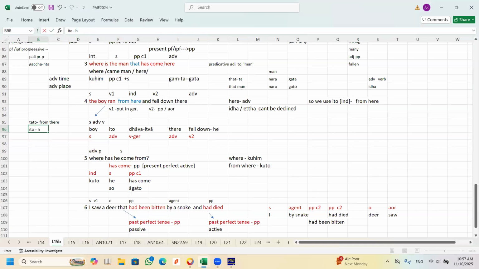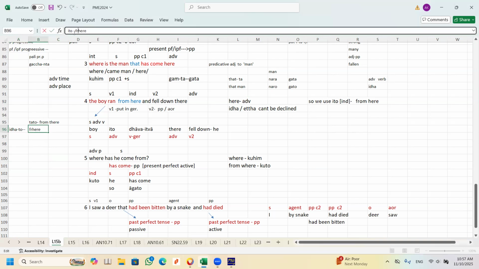So in this particular case, the word from here has to be this Pali, because it's a 'to'. Can you see the word 'to'? 'To' is from. So it has the word idha plus to. Somehow or rather, it turns into ito. That means ito is from here.